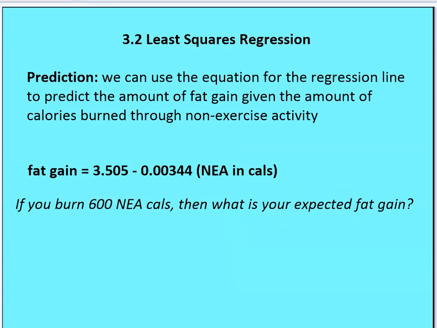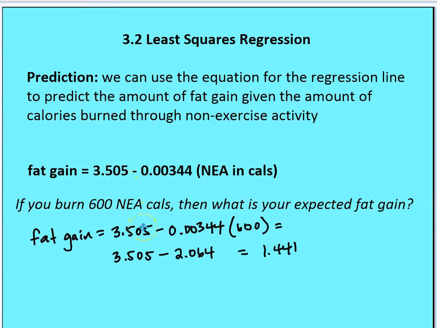All right, so we can use this equation for the regression line to predict the amount of fat gain burned through non-exercise activity. So the question is, if we burn 600 NEA calories, what is your expected fat gain? And so we're going to multiply the slope value by 600, and we're going to determine that the fat gain is going to be 1.441.